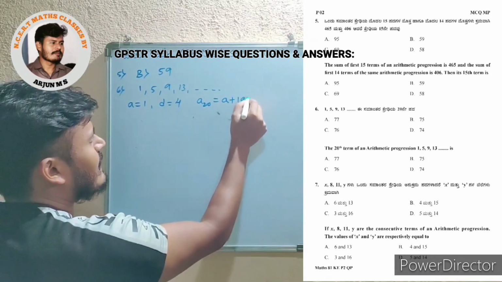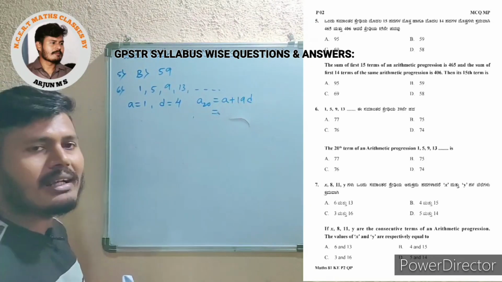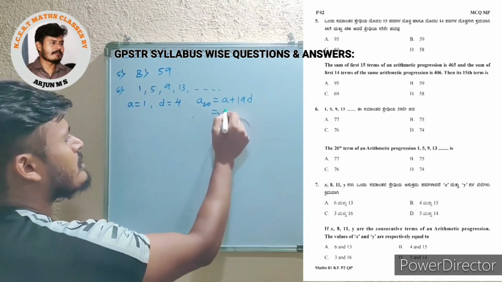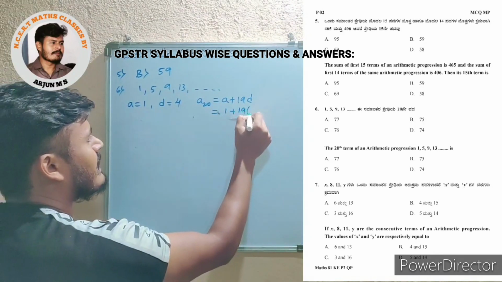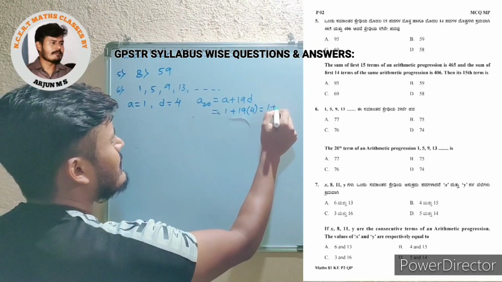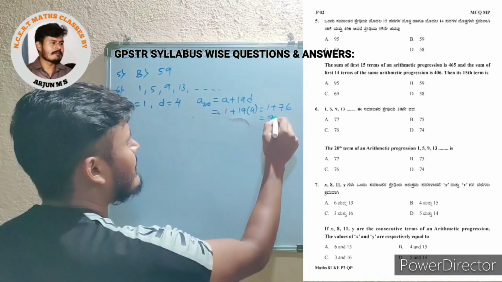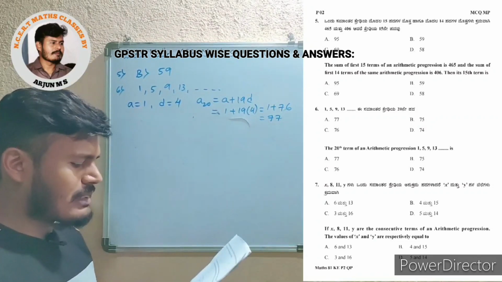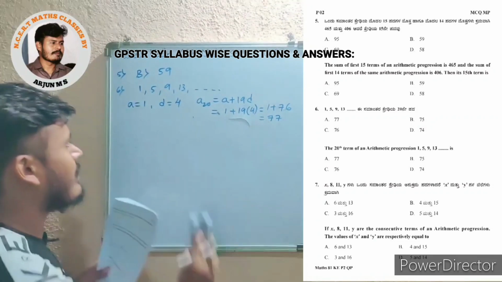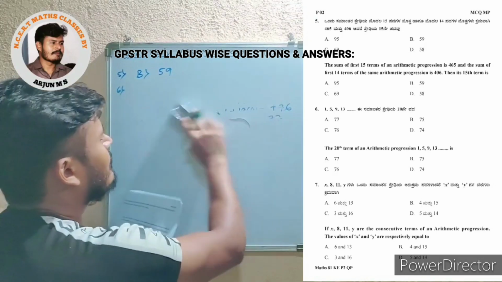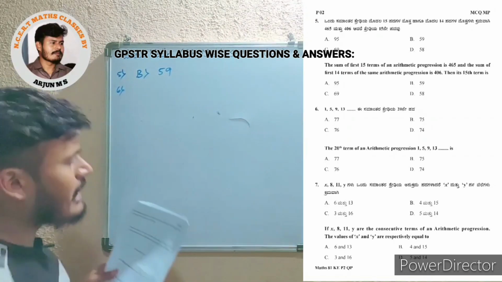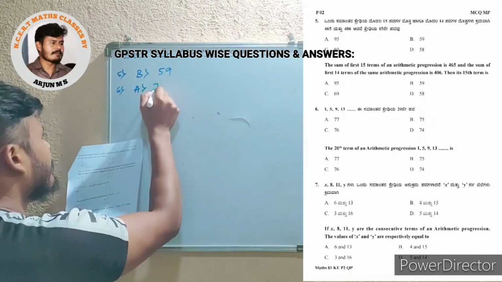A plus 19D is the 20th term of an arithmetic progression. Now substitute the values of A as well as D. We get 1 plus 76 because 19 fours are 76, we already know about that. 77 is the answer. You just observe here, option A is correct. So write down the answer for this question, option A, 77.